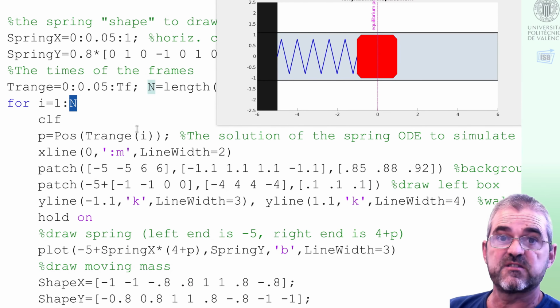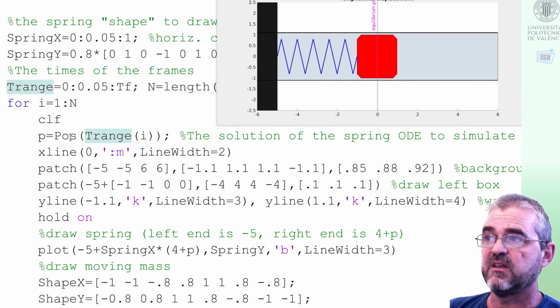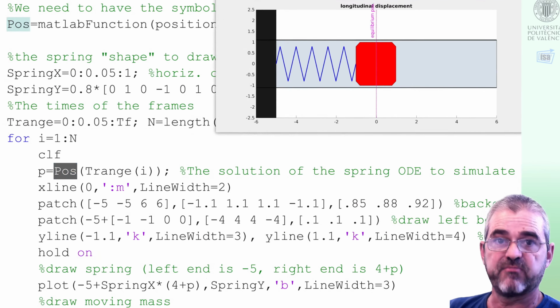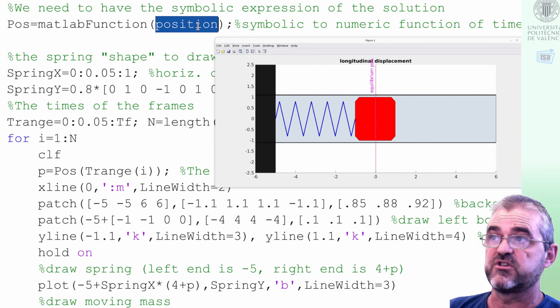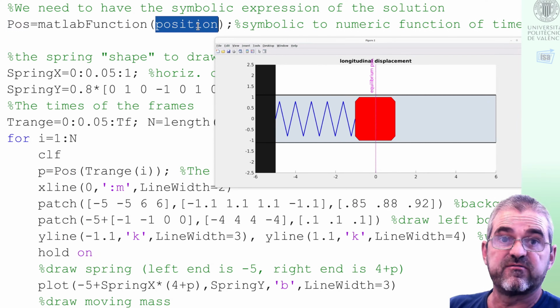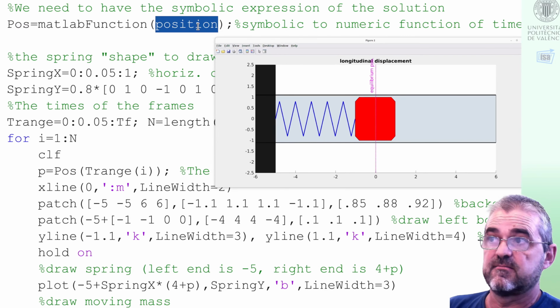How do we draw each frame? Well, we first clear the figure, deleting the previous frame, and then we evaluate the numerical function pos. This is important. Position is an object of the symbolic toolbox consisting of, let's say, a string of letters and some numbers, e, cos, sin.